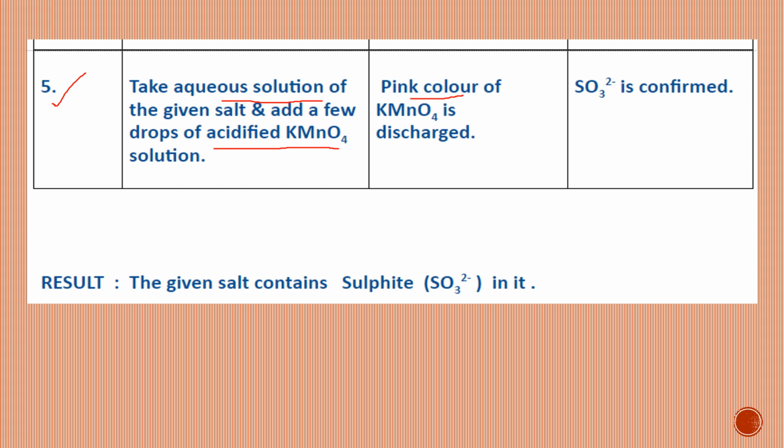That means the pink color fades away, and the solution turns from pink to colorless, which confirms there is sulfite. So now the result: the given salt contains sulfite in it. This whole portion, table, result, everything you will write on the right hand side page, the ruled one.